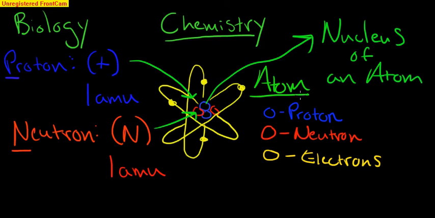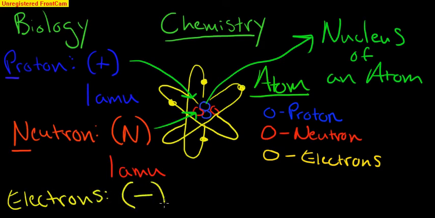And then lastly, we have the particles orbiting the outside of the nucleus, electrons. And those have a negative charge, and they don't have much weight. They basically are considered almost weightless, so 0 atomic mass units.